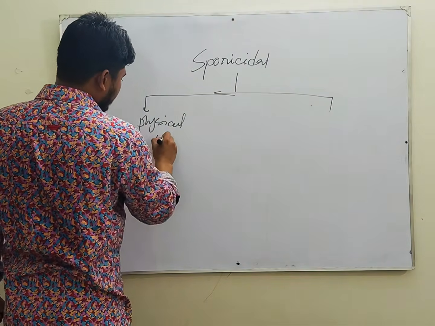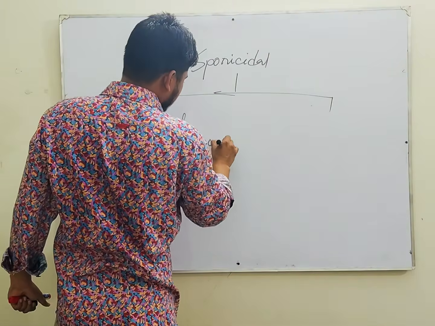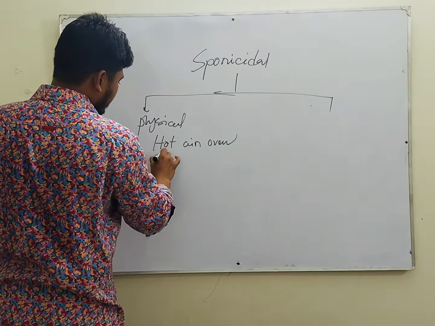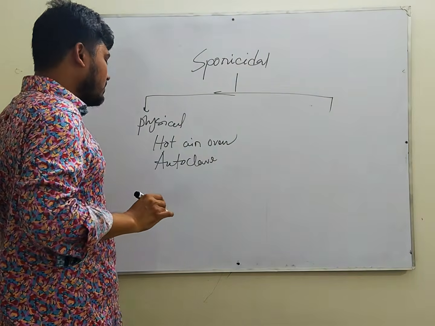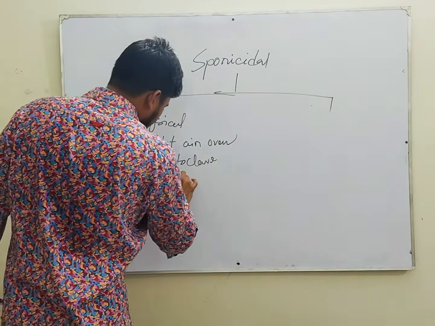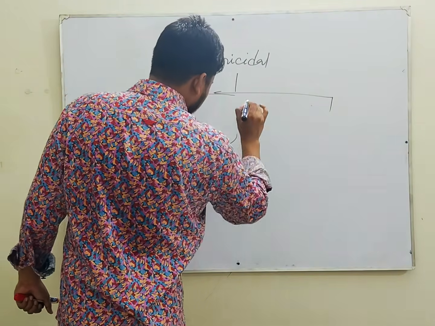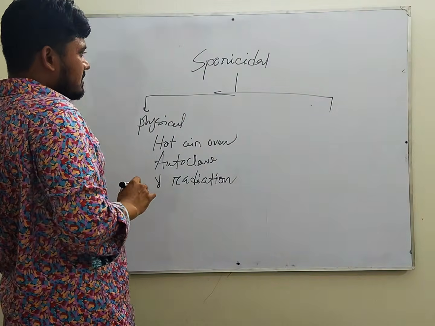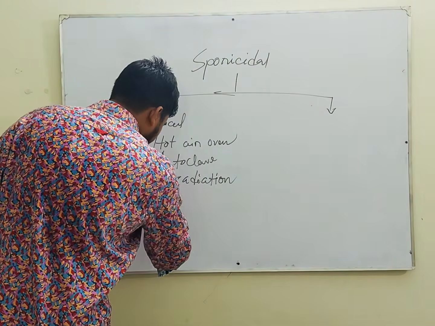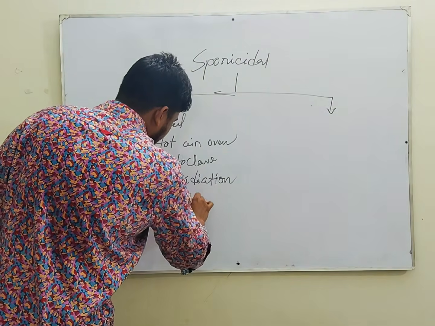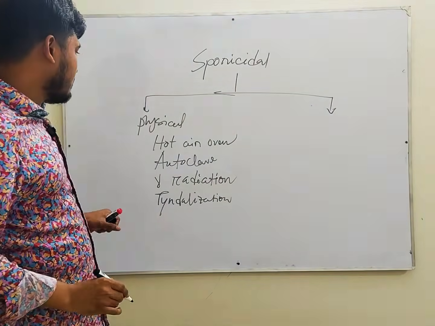Among physical method, there is hot air oven, which is dry heat method, autoclave, which is moist heat method, gamma radiation, which is a radiation method, Tindalization, which is moist heat method.